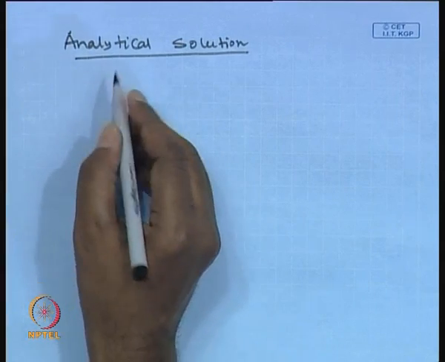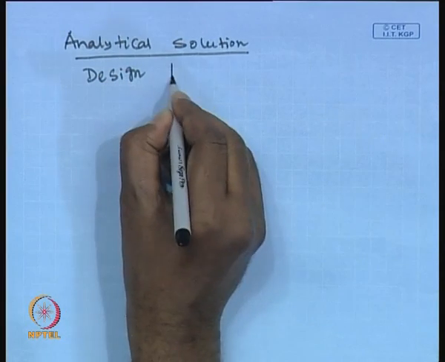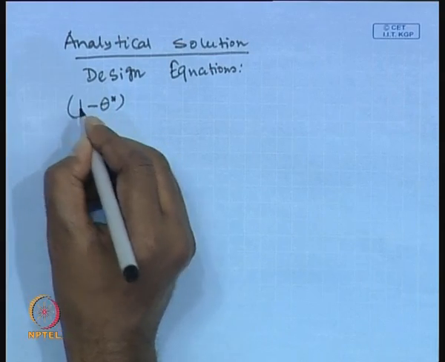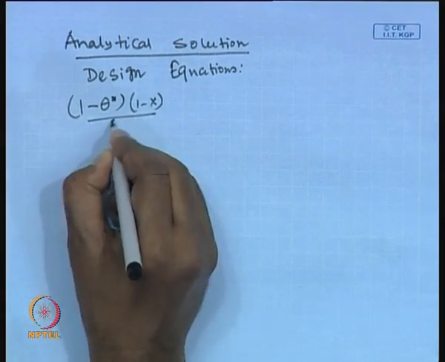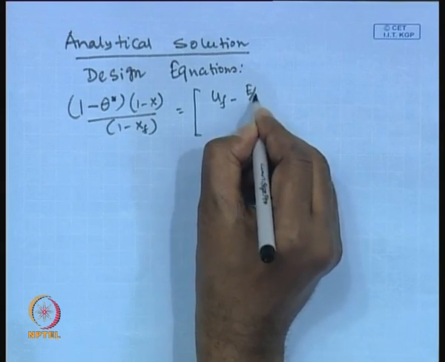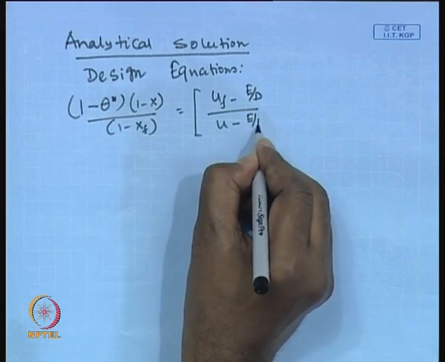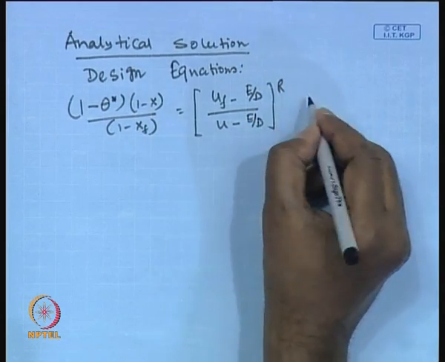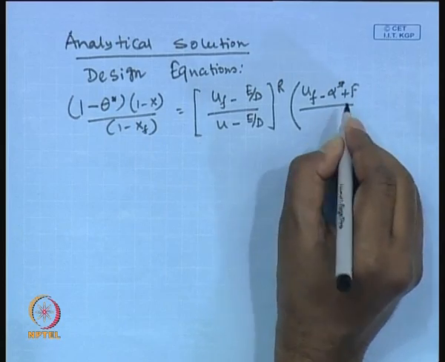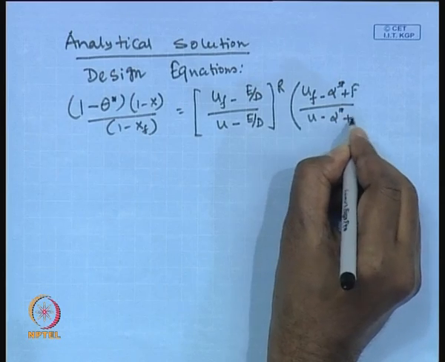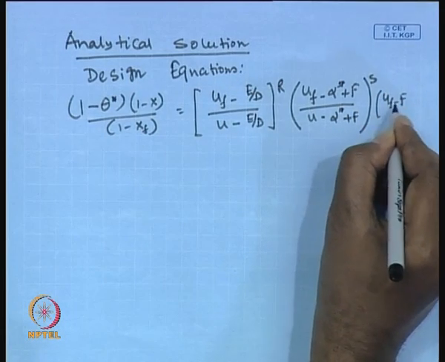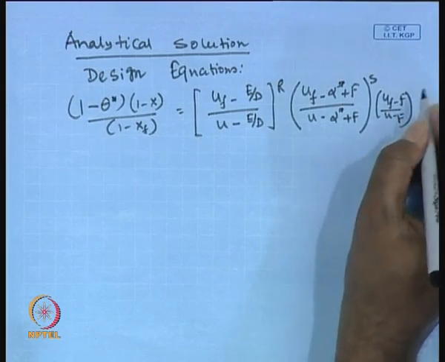Okay. The design equations are given as (1 minus theta star) times (1 minus x) divided by (1 minus x_f) is equal to [(u_f minus e over d) divided by (u minus e over d)] raised to the power r, times [(u_f minus alpha star plus f) divided by (u minus alpha star plus f)] raised to the power s, multiplied by [(u_f minus f) divided by (u minus f)] raised to the power t.